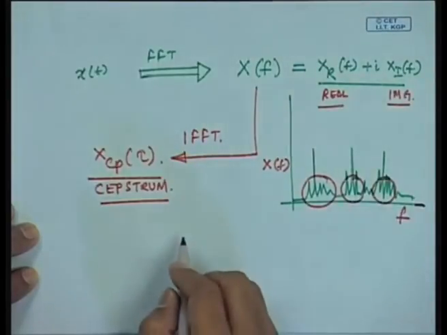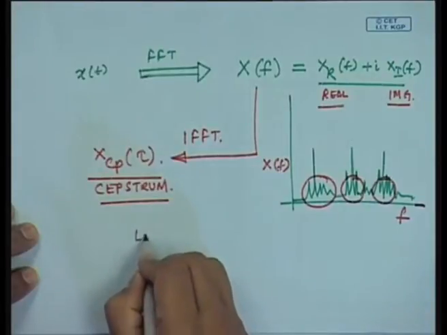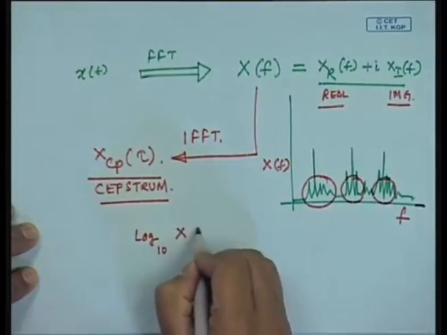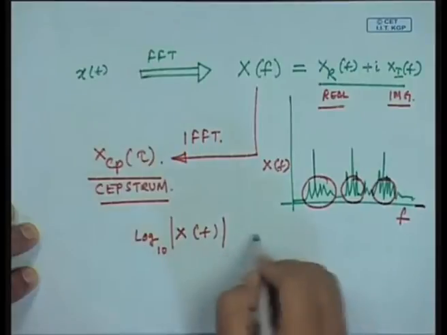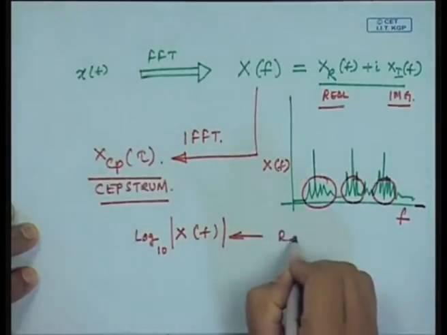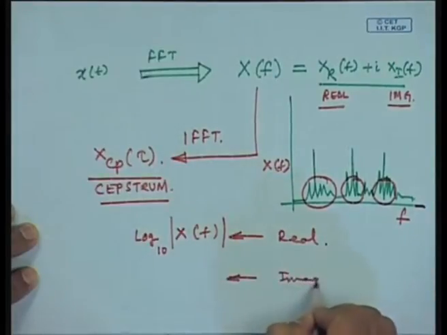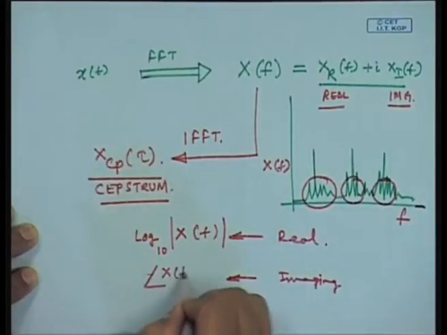So, to do the inverse Fourier transform, you take the logarithm of the amplitude as the real part, and the imaginary part will be the phase.